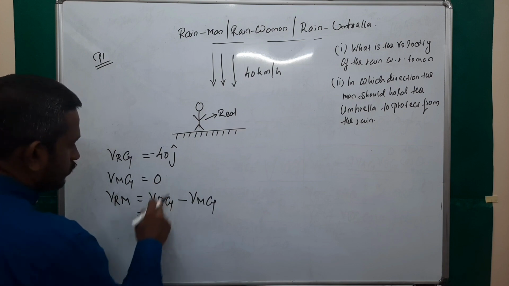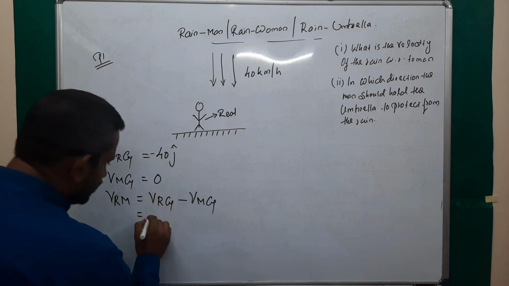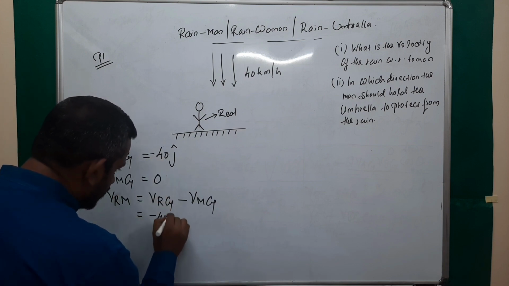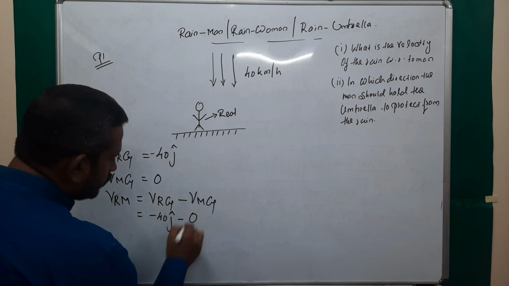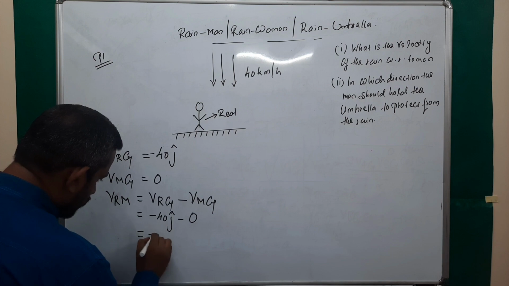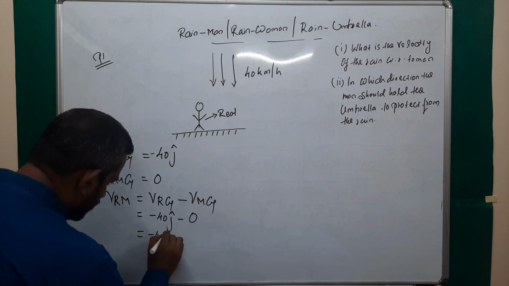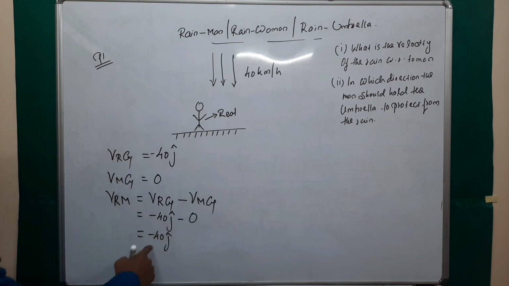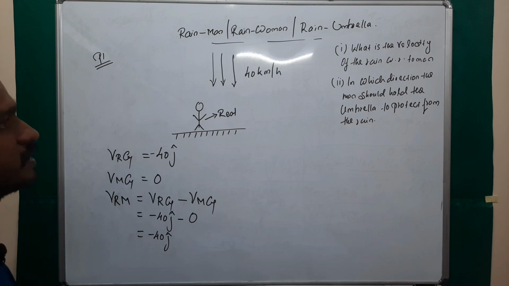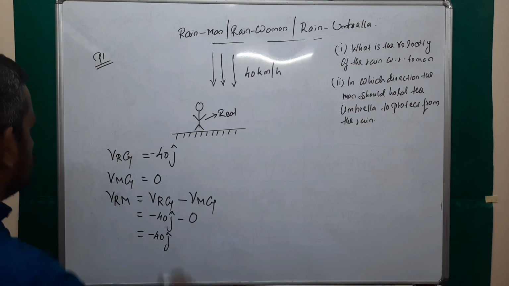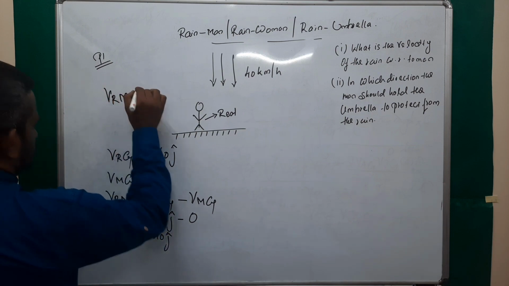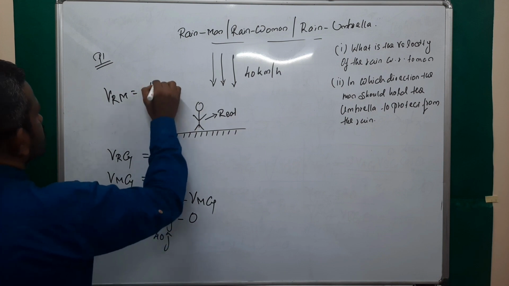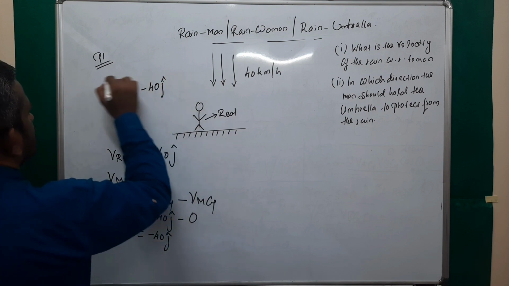That is minus 40 j cap minus 0, so that is equal to minus 40 j cap. That is the answer. The velocity of the rain with respect to the man is minus 40 j cap.